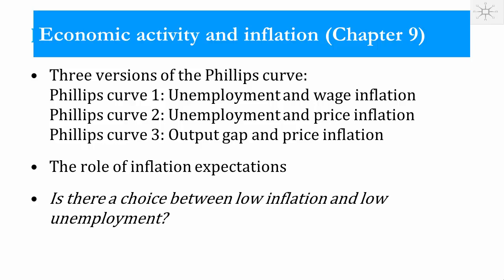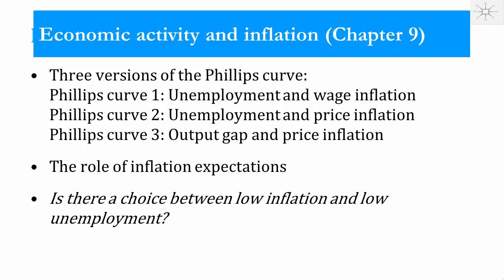When you talk about economic activity and inflation, you talk about the Phillips curve, which is a relation between activity and inflation. In fact, we will go through 3 versions of a Phillips curve.